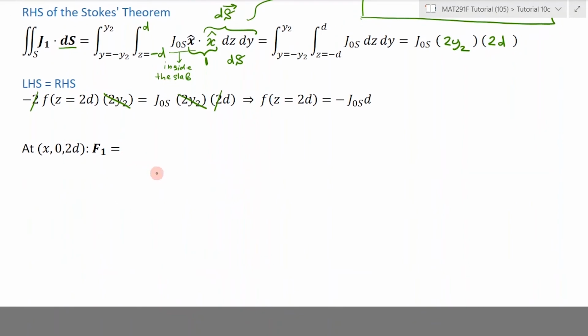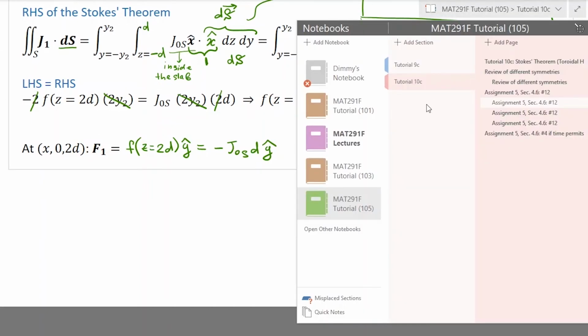So we have f1 equal to f at z equals 2d, y hat, equal to negative j naught s d y hat. Okay, that's it for the field from the slab. Now let's find the field from the cylinder.